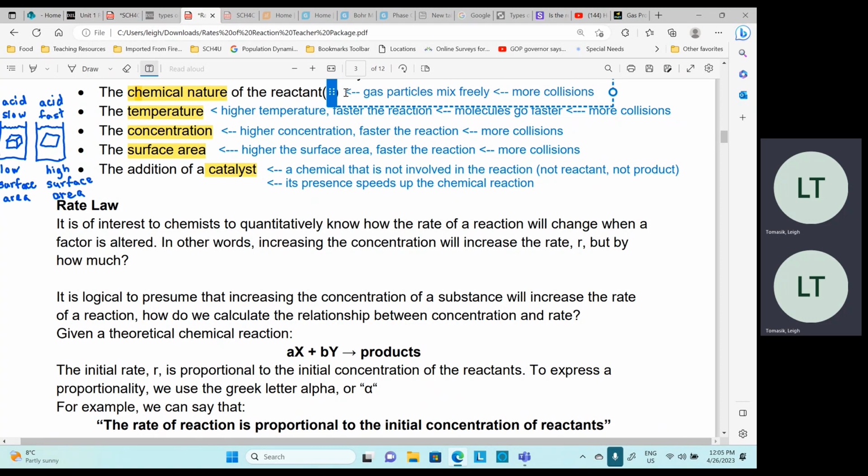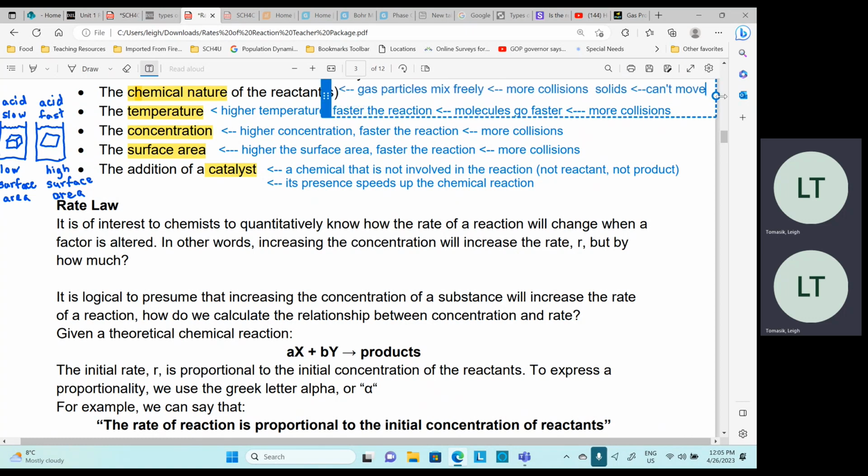But solids, they don't really move. So often our chemical reactions that involve solids will take longer to happen than gases. Right? So when we talk about the chemical nature of the reactants, it's what about the particles allows them to collide.